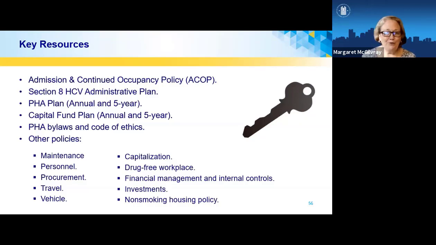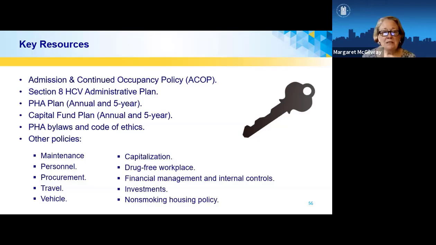Your bylaws and code of ethics we've covered. And then some other core policies. At a minimum, your housing authority should have a financial management policy, a personnel policy, and a procurement policy. The other ones listed here are items on which you should have policies, but they may be either just individual resolutions or policy documents in a collection of miscellaneous policies, or contained within other policies.